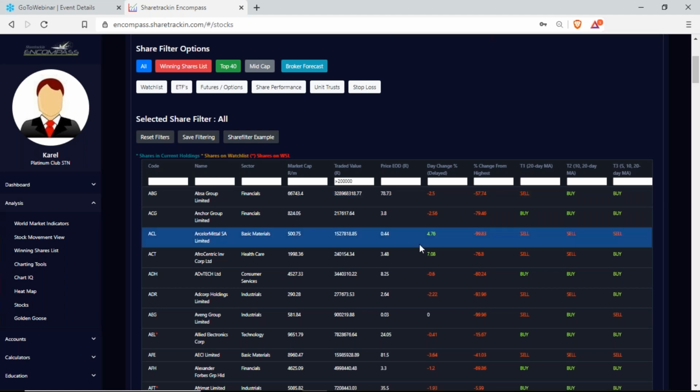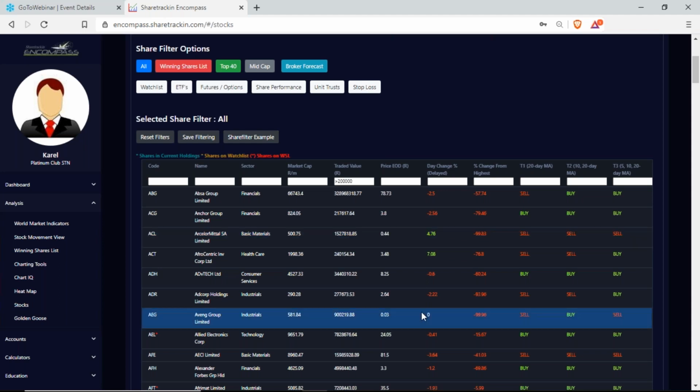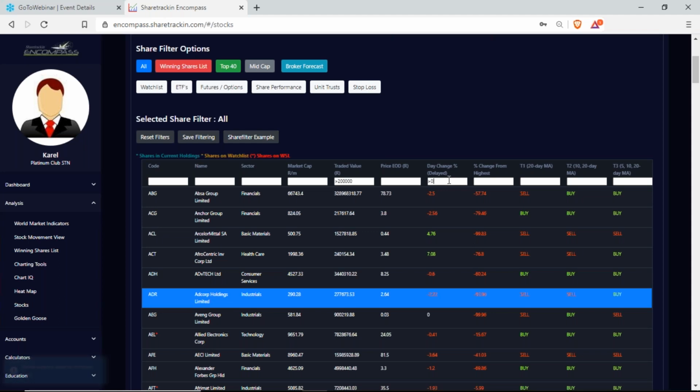If I look at Anglo Metal, which isn't a good example, but okay, for the day the share went up by 4.76%. And if I take Aveng Group, it had no movement for the day. So underneath day change percentage, I would insert greater than 0.